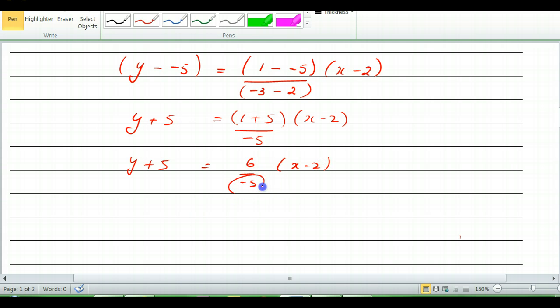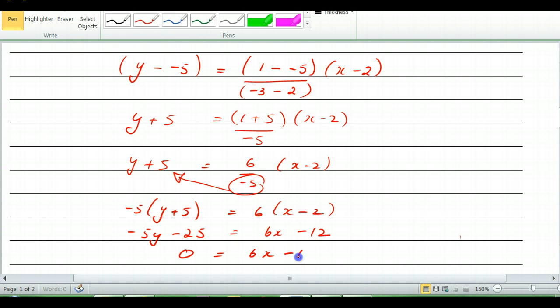We can cross multiply here, taking this up to this side. So we have negative 5 times y plus 5 equals 6, x take 2. Expanding out the brackets, we'll have negative 5y take 25 equals 6x take 12. And collecting up some terms, taking them perhaps all over to this right hand side, we'll have 0 equals 6x take 12 plus 5y add 25.